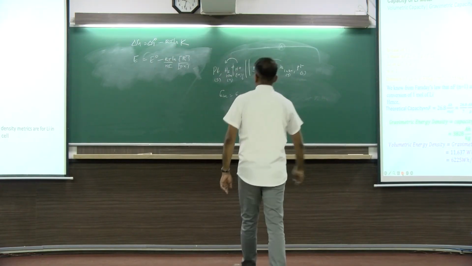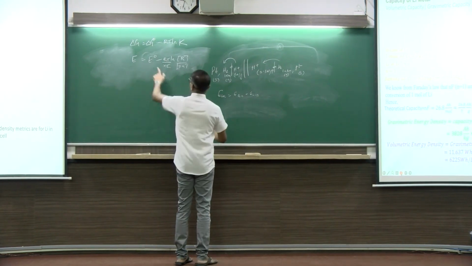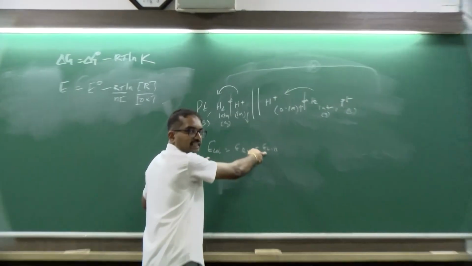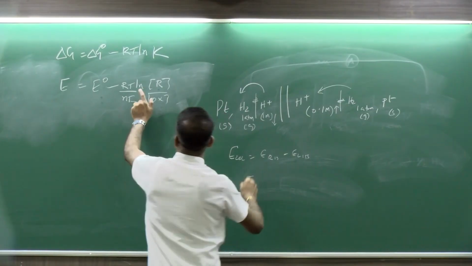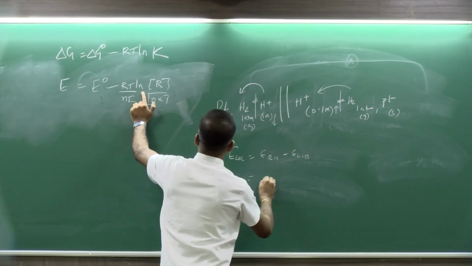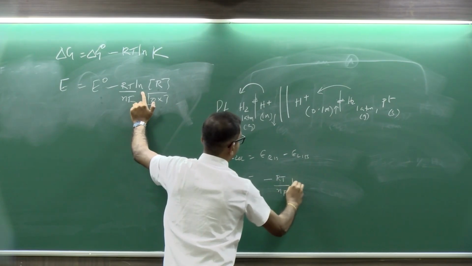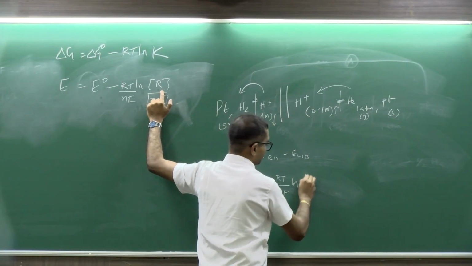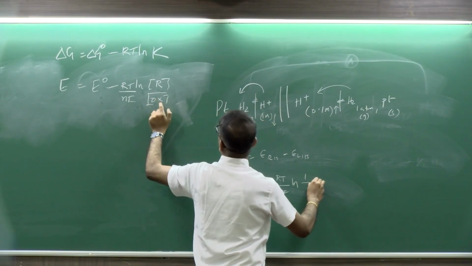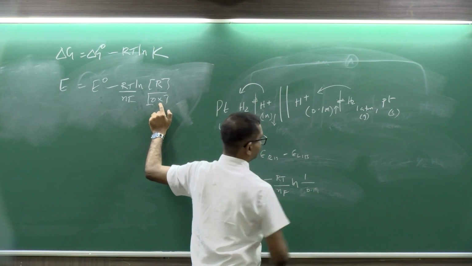Now what the Nernst equation tells is this. So E right hand side minus left hand side. Now E naught is here also, E naught is here also. The E naught will get cancelled, so I am not writing that part. Then for the right hand side, it's going to be minus RT by nF ln of the reduced form, here hydrogen, hydrogen partial pressure is 1, divided by the oxidized form, the proton, which is at concentration 0.1, correct now?